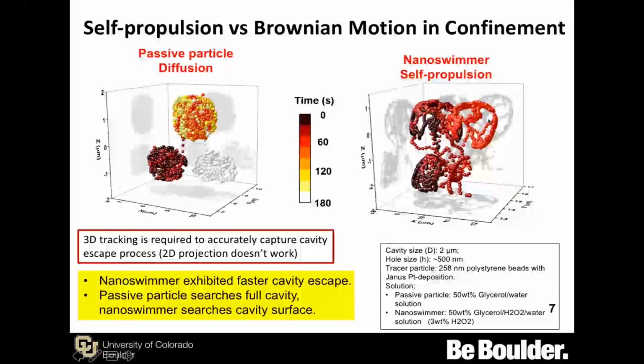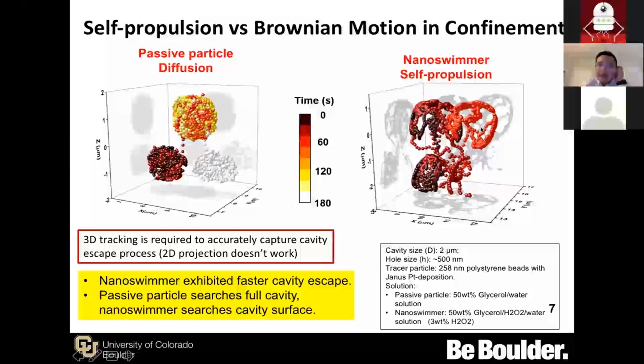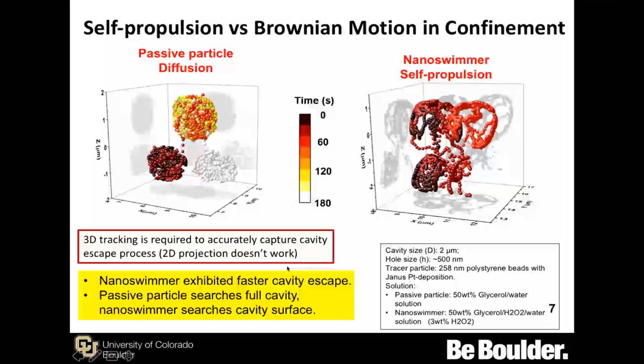You can see here it all moves around the boundaries. From here, we can see a very interesting phenomenon. First, the Nanoswimmers exhibit different search modes. This one, as we described, searches around the boundaries, which we saw a lot in previous studies.